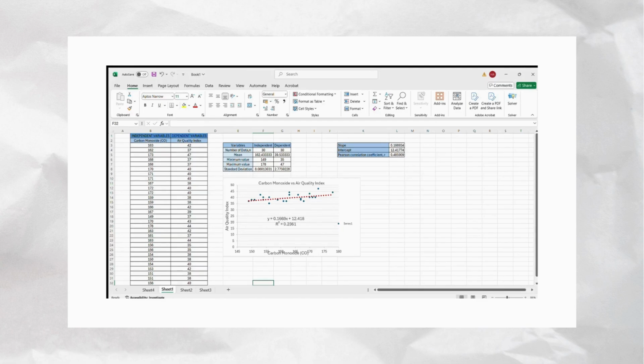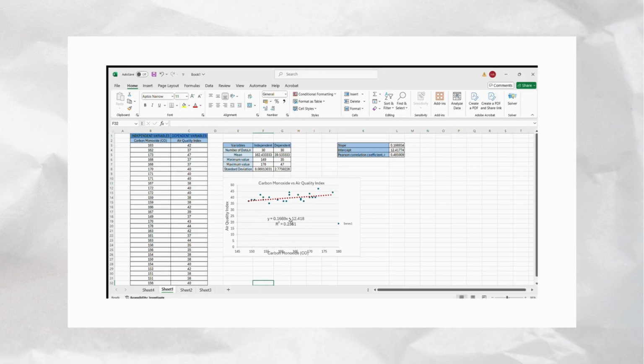Okay, for this chart of carbon monoxide and air quality index, the data follows a linear line. So there is the air quality index axis, and then this is the data. This is for the carbon monoxide data.